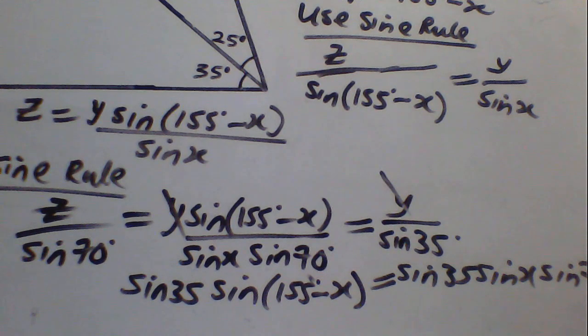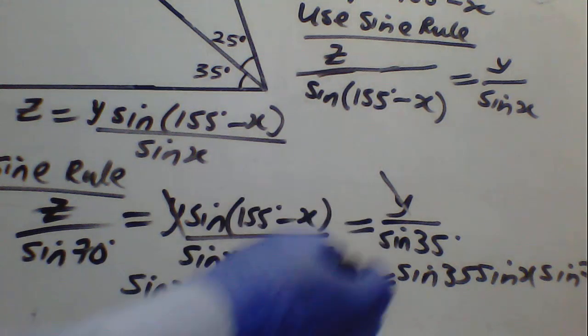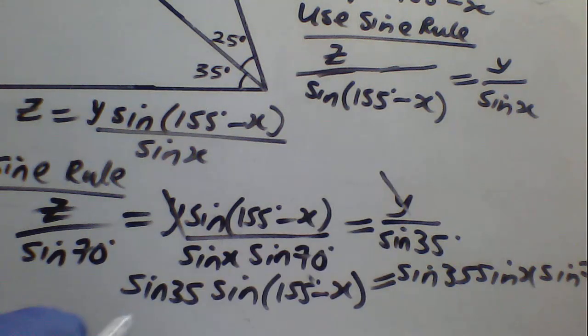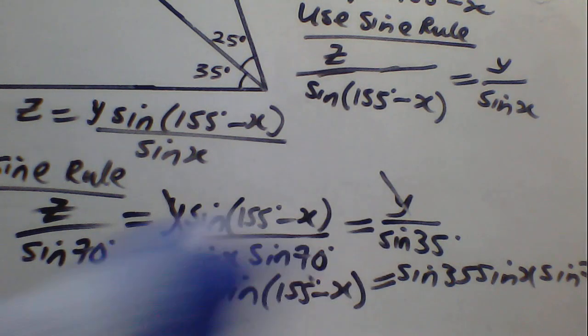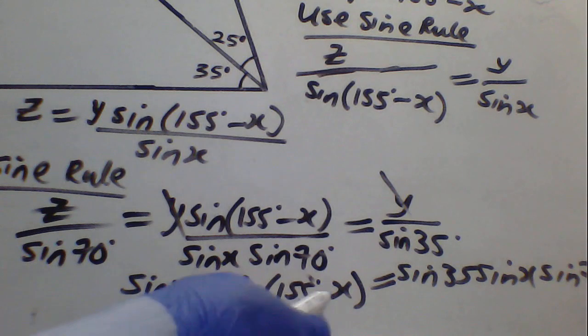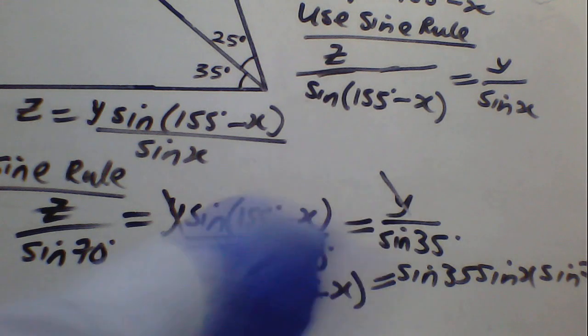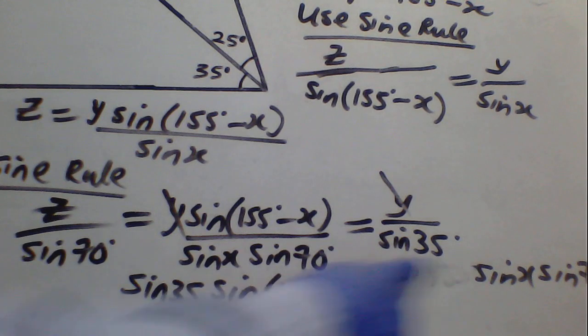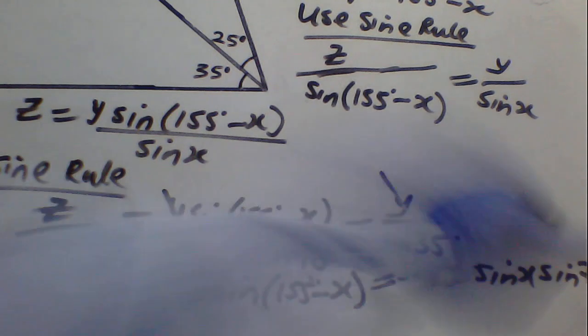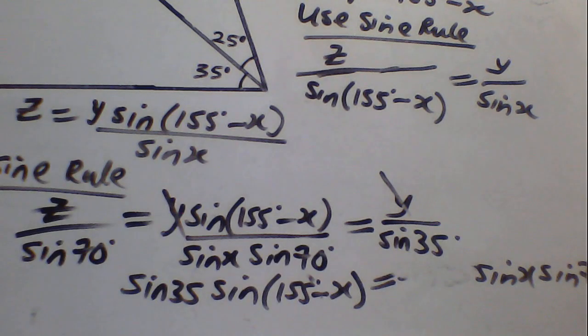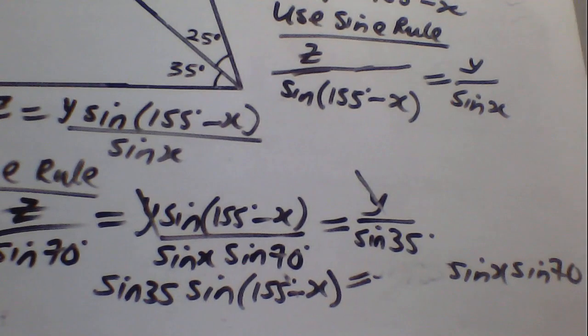When you cross multiply, you have sine 35 sine 155 minus x. Cross multiply, there is no sine 35 here, so you have sine x sine 70. Once you arrive at this point, I hope you are following.